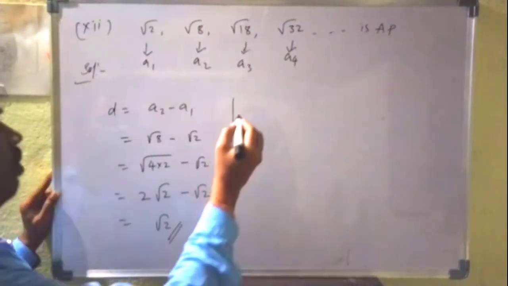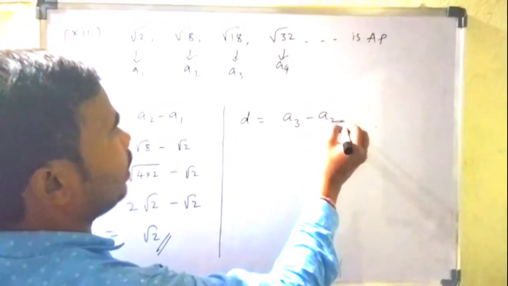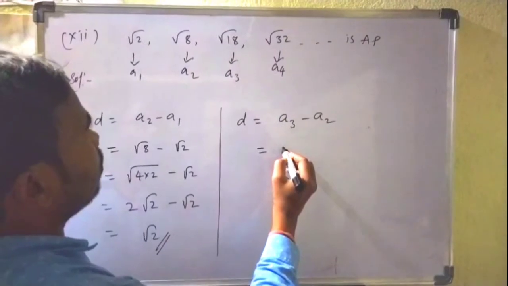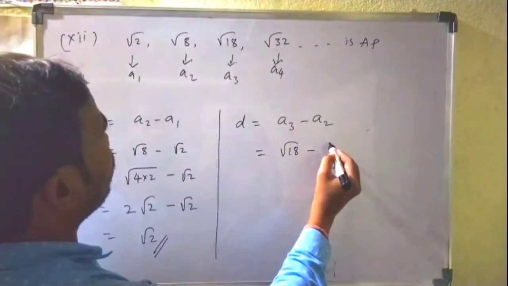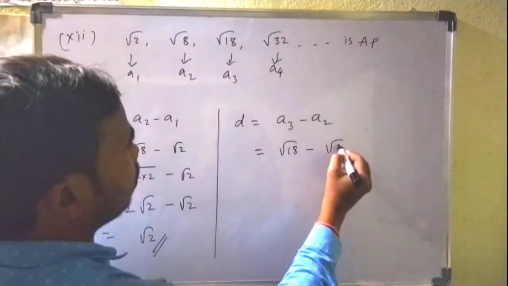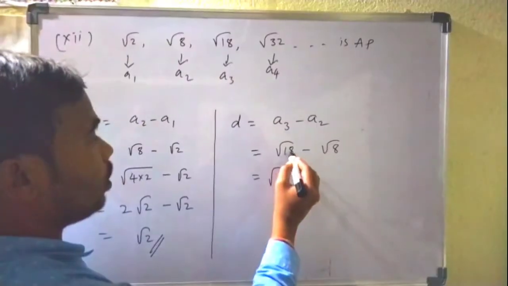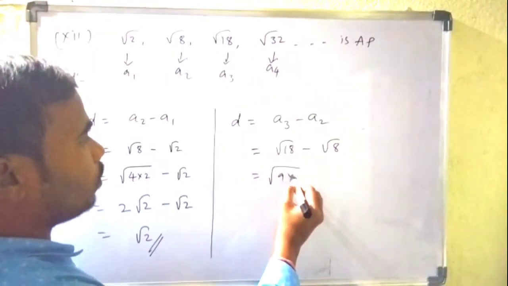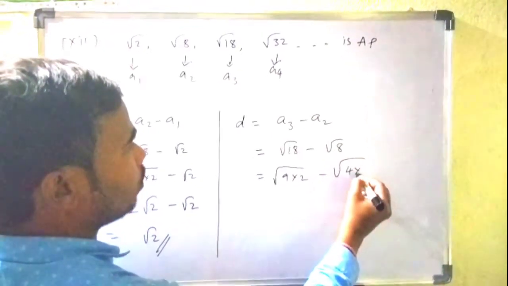And one more common difference also is there. d is equal to A3 minus A2. A3 is root 18. Root 18 minus A2, which is root 8. Root 18 means root of 9 into 2, and root 8 is root of 4 into 2.